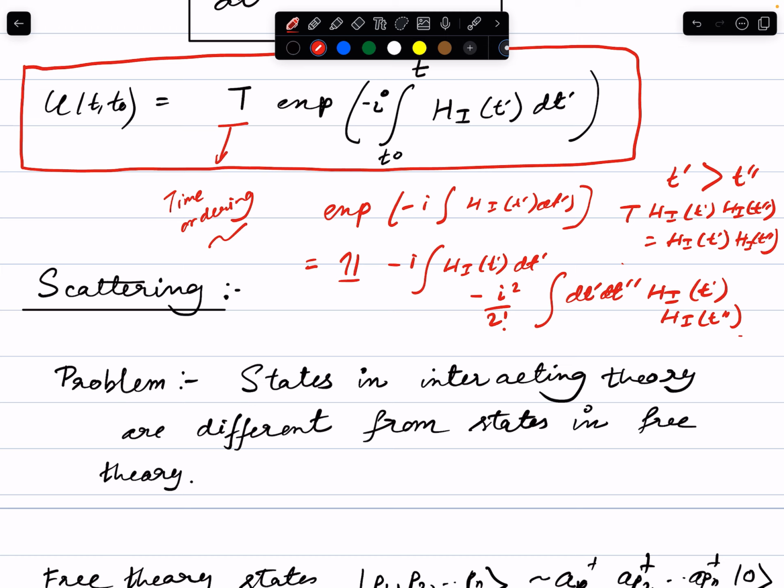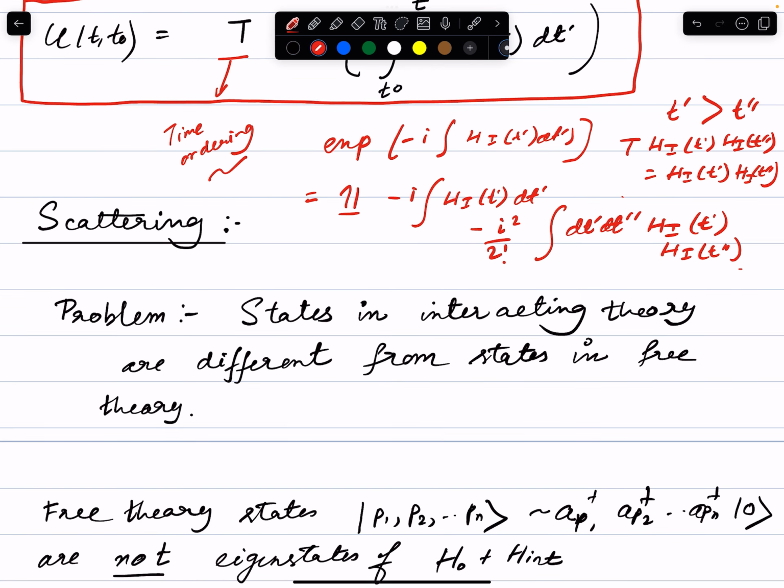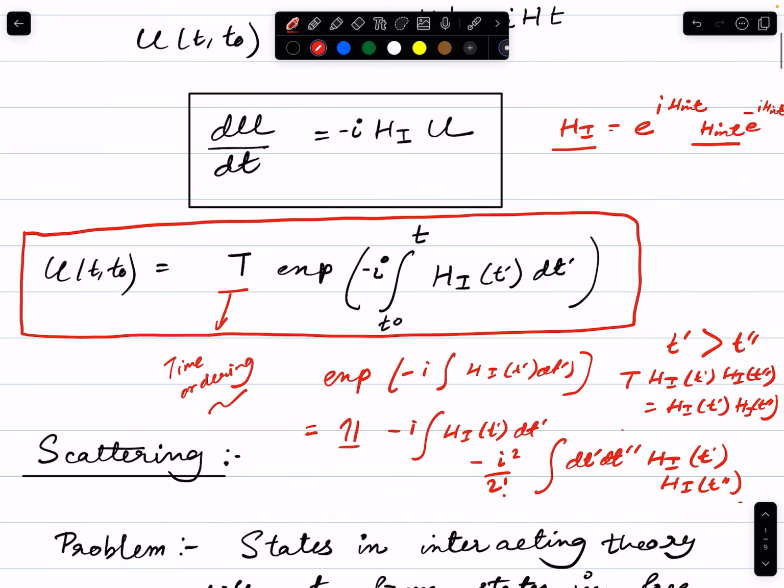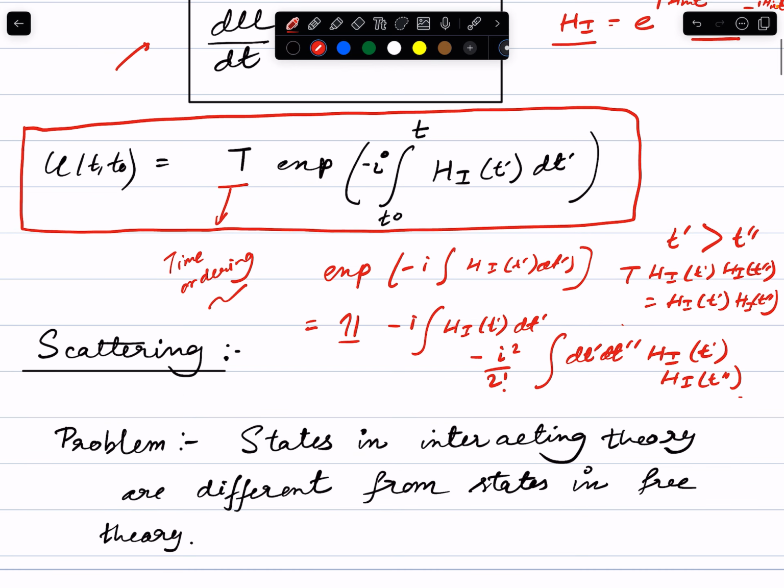So this gives me an unambiguous prescription of how to order these operators. And that is also the correct ordering which solves this equation, which we discussed in the last class. Okay, any other question?